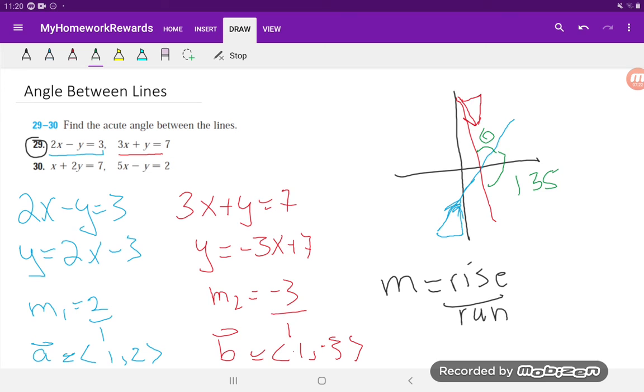135. So in order to solve for theta, we have to realize that a straight line has 180 degrees, and we know that from here to here is 135, so we just need to subtract.